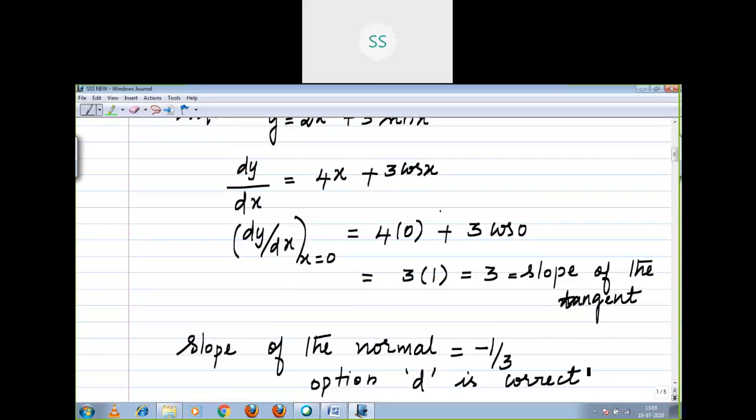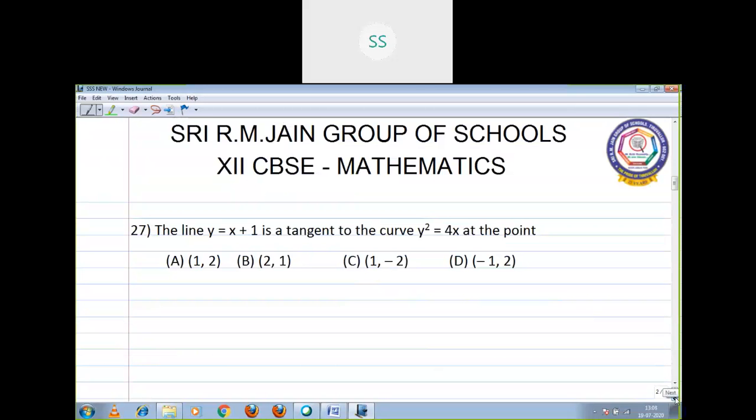Now we'll pass on to which question? Question number 27. The line y is equal to x plus 1 is a tangent to the curve y square equal to 4x at the point. Here the question is not direct.